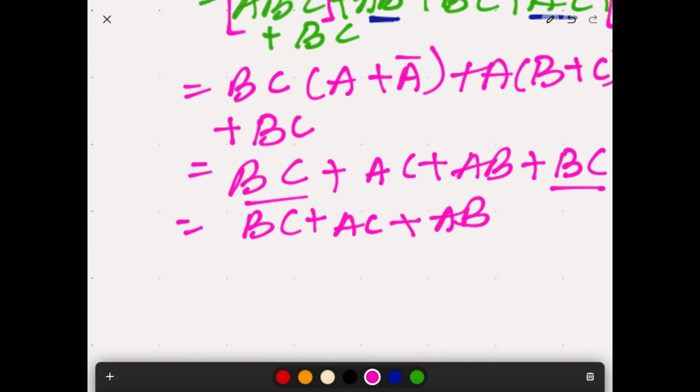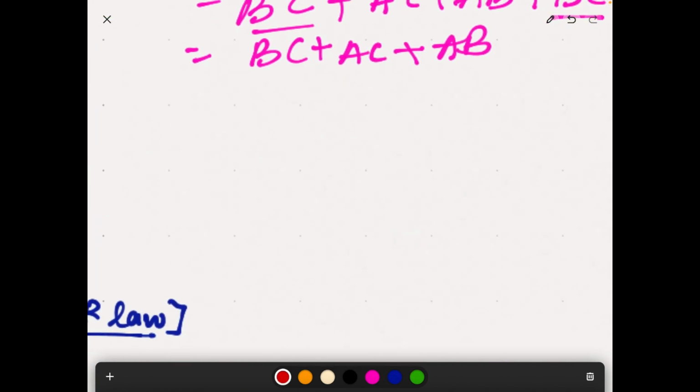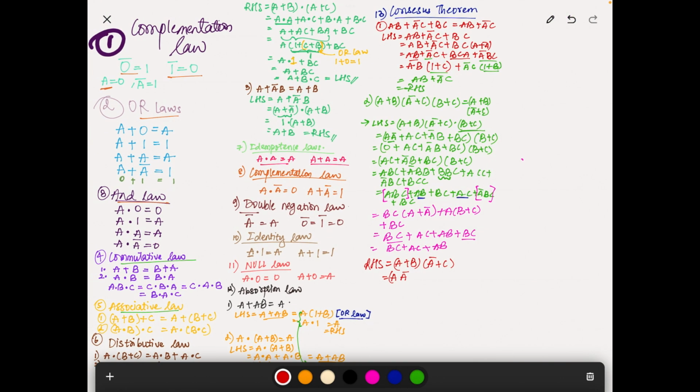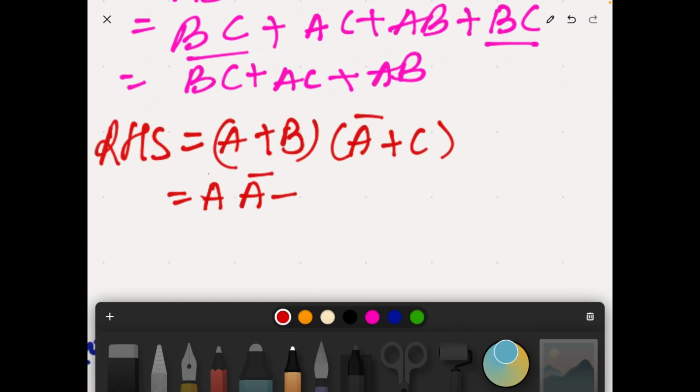So let us solve the RHS as well. So we are talking about the RHS, and the RHS to us is (A plus B)(A bar plus C). Again, opening the brackets, we call it your associative law. Then you have got AC, then you have got A bar B, and then you have got BC.